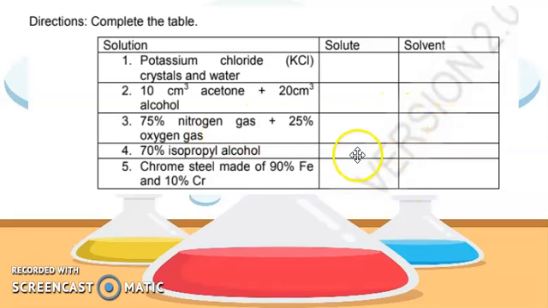Very good. For number 4, 78% isopropyl alcohol. That means alcohol is the solvent and water is the solute. For chrome steel made of 90% iron and 10% chromium, that means the solute is the chromium or Cr, then the solvent is the iron or Fe.